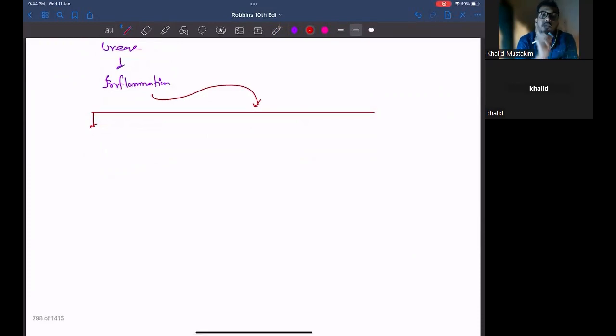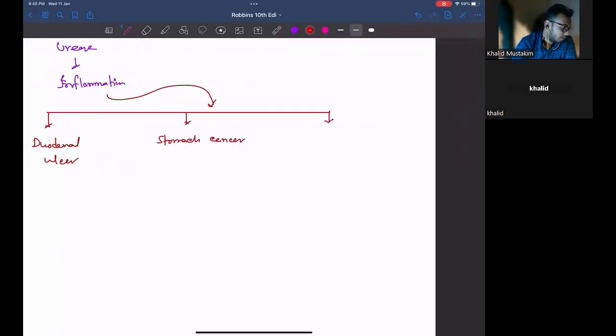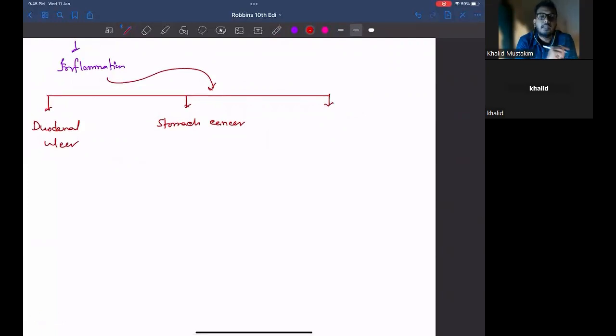Number 1 consequence of chronic Helicobacter pylori infection in case of type B chronic gastritis is duodenal ulcer, where actually gastric metaplasia occurs. Number 2 consequence of the inflammation caused by chronic irritation of the Helicobacter pylori is stomach cancer. And the third one: the inflammation generates some reactive T cells.